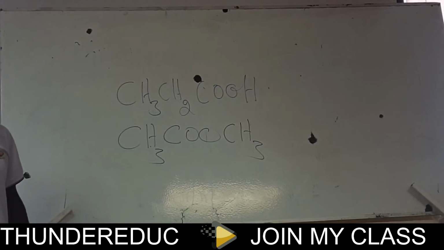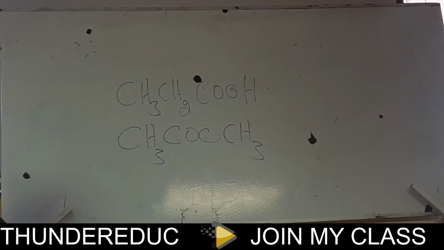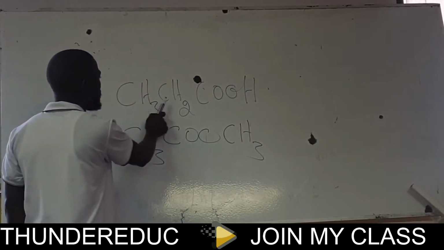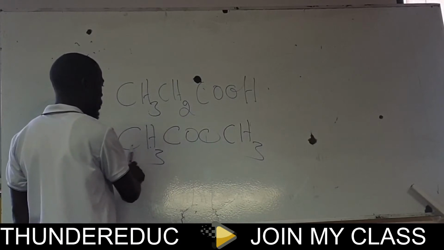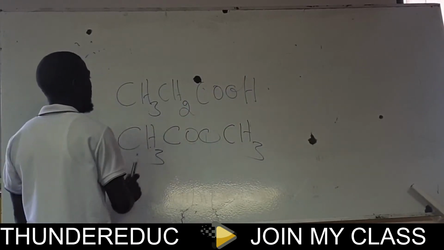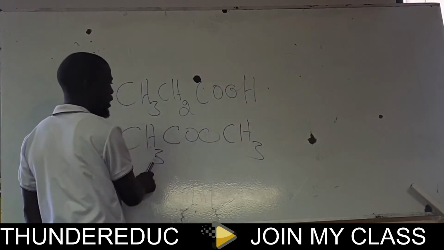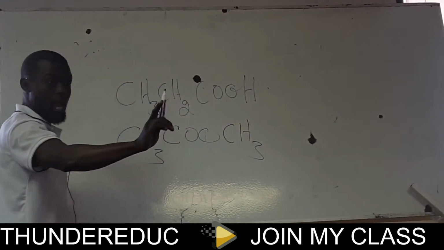Let's count: carbons 1, 2, 3, so 3 carbons; hydrogens 6. So C3H6O2.